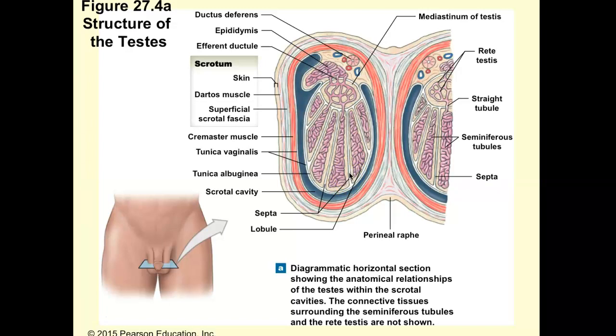Inside, we can see that the testicle has tons and tons of coiled structure called seminiferous tubules. These seminiferous tubules are where the sperm are made. This is where meiosis occurs, and we're going to take a look at this. The lobules, these individual units here, are the lobules of the testicle.